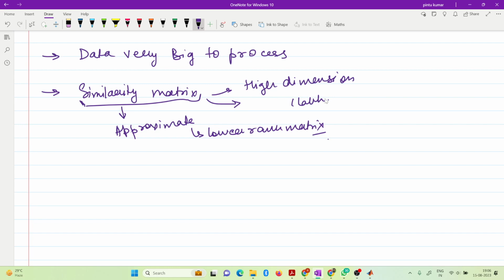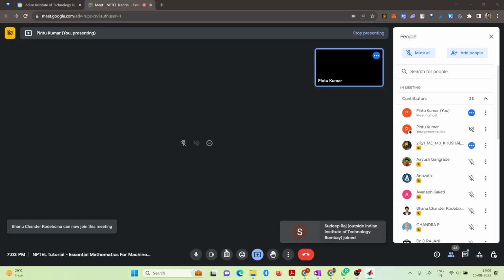But representing everything in 1 lakh might not be very feasible, right? So you want to represent every vector in, let's say, dimension 10. What is the best low rank approximation or representation that you can have? There your SVD helps a lot. How does it help? I'll come to that. Somebody wants to join.